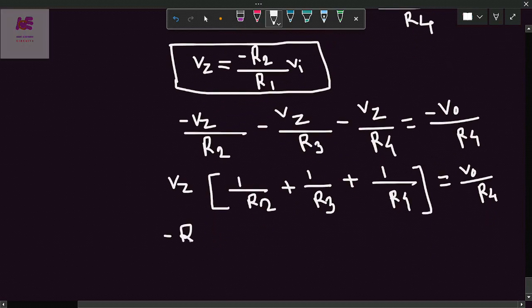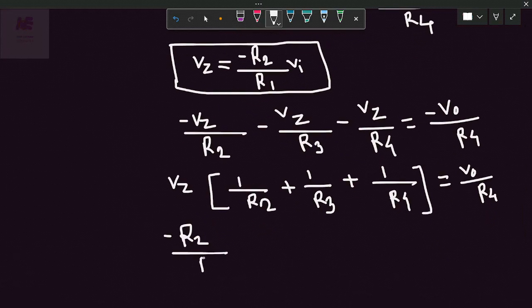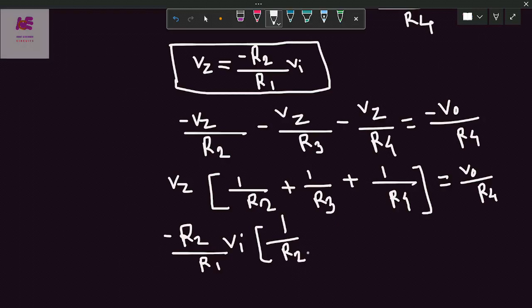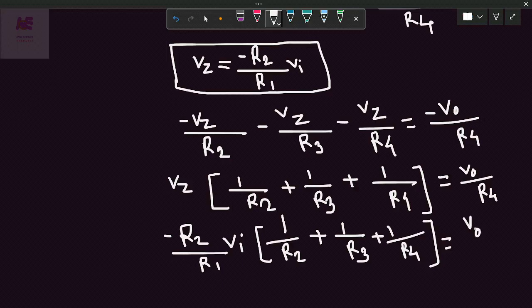So minus R2 upon R1 into Vi, in bracket, into 1 by R2 plus 1 by R3 plus 1 by R4, is equal to V0 by R4.